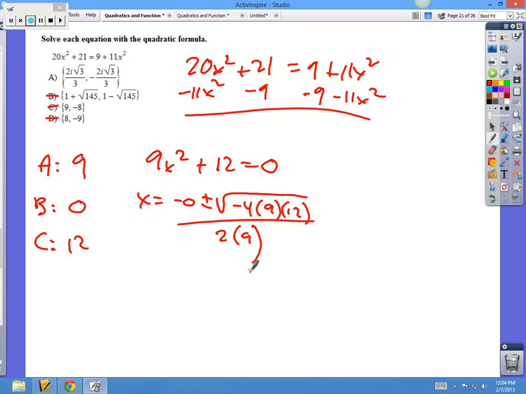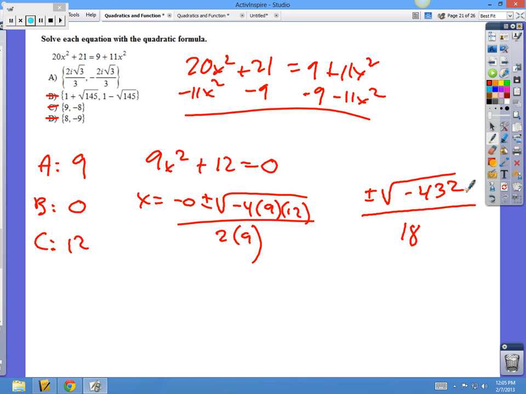So now you're right here, what's the minus 4 times 9 times 12? What's 4 times 9? It's 36. What's 36 times 12? Negative 432 over 18.